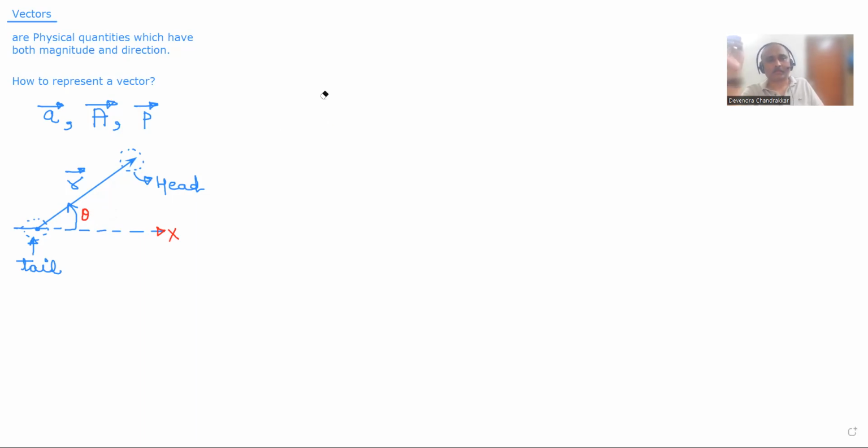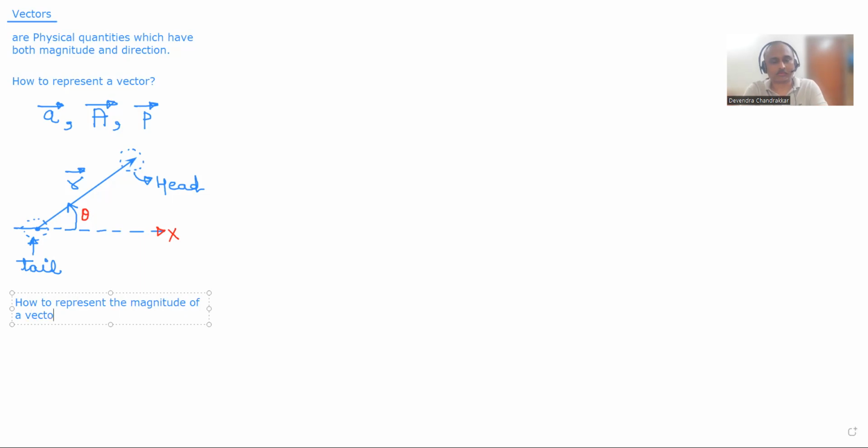Okay, sir. So this is how we represent a vector, right? Now, before we come to the position vector, how to represent the magnitude of a vector?